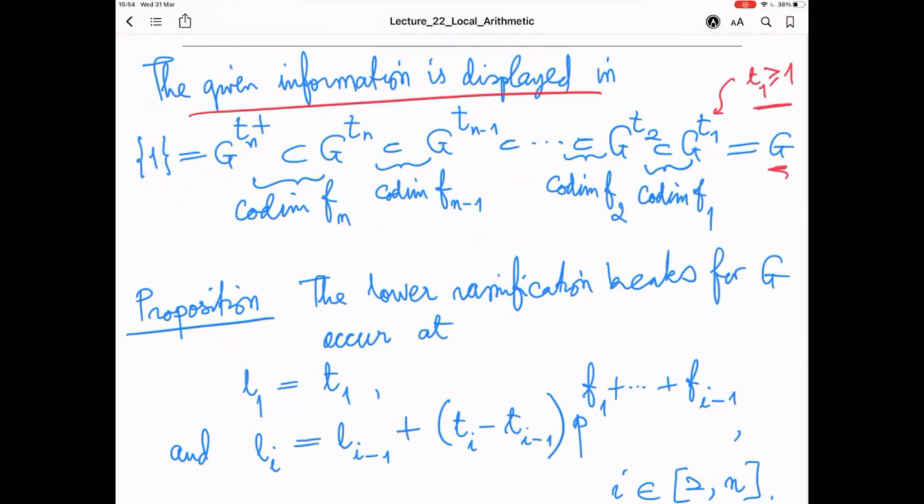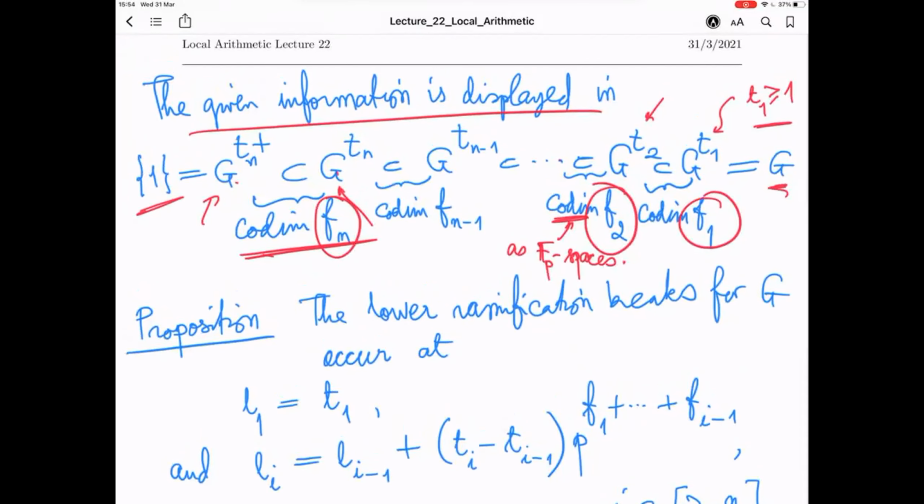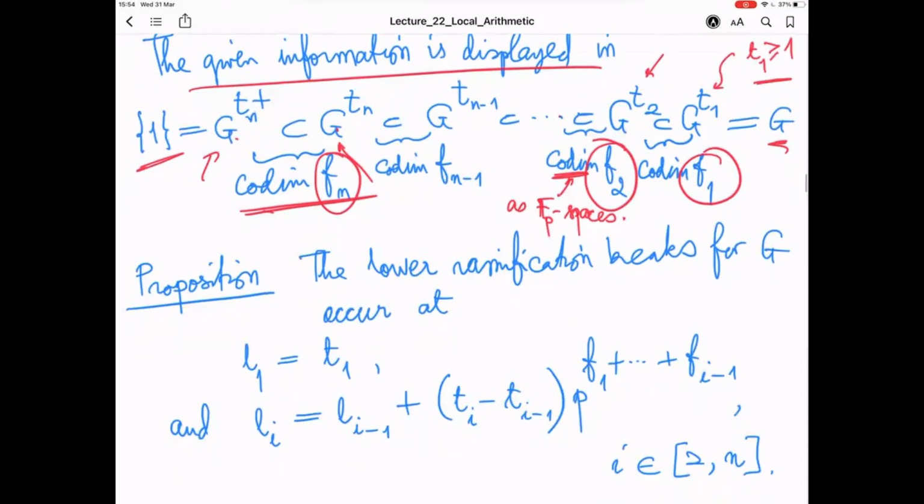This G^{t_1} is of codimension f_1 in G^{t_2}, which is of codimension f_2 in the next one, where codimension for a group is meant as F_p-spaces, and so on, all the way up to G^{t_n}, which is of codimension f_n in G^{t_{n-1}}. It's the other way around: the subgroup has a certain codimension in the ambient group.